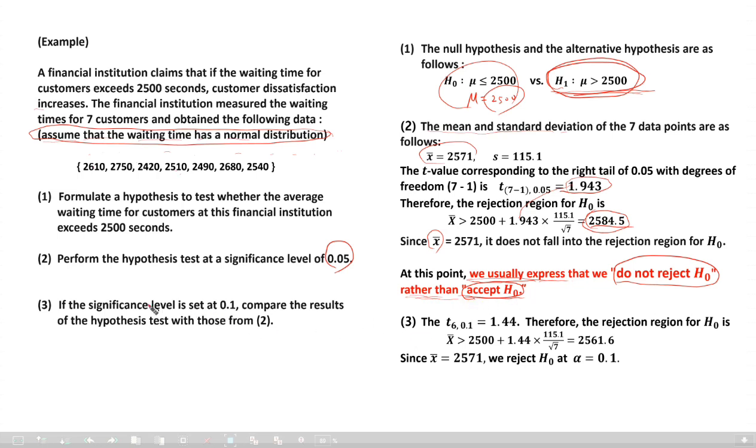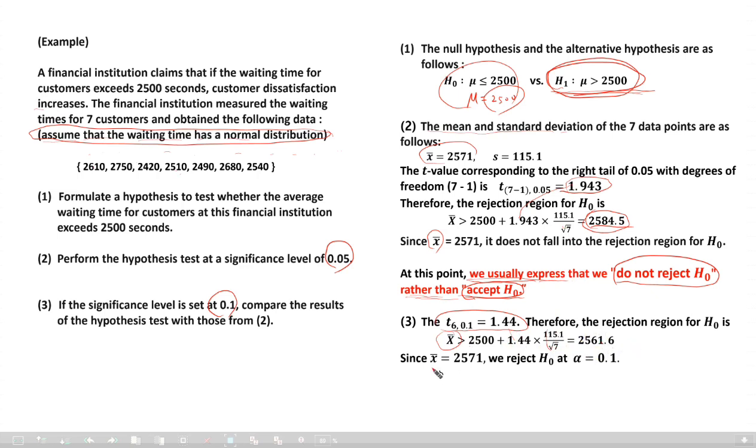Okay, now the same hypothesis test with significance level 0.01. Okay, let's compare. Then the t value will be smaller, 3.143. Therefore, the rejection region is x bar greater than 2500 plus now 1.44 times the same value. Okay, 2561.6.